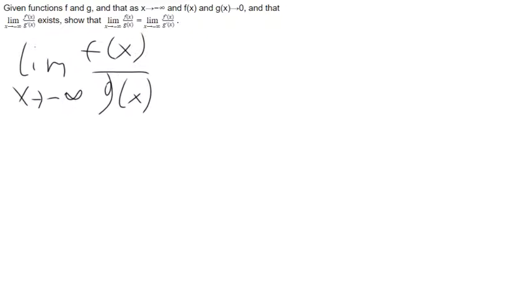And I will do a substitution, but this time, since x is going to negative infinity, I'm going to let u equal negative 1 over x. And I will multiply both sides by negative 1 and do the reciprocal on both sides, so we know that x is just negative 1 over u. And I will rewrite this limit in terms of u.